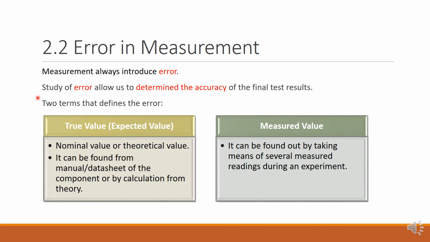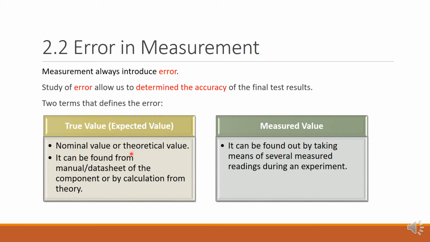In order to understand the concept of error in measurement, we should know the two terms that define the error. First is the true value or expected value, and the measured value. So you should be able to understand what the measured value is and what the true value is. A true value is a nominal value or a theoretical value.